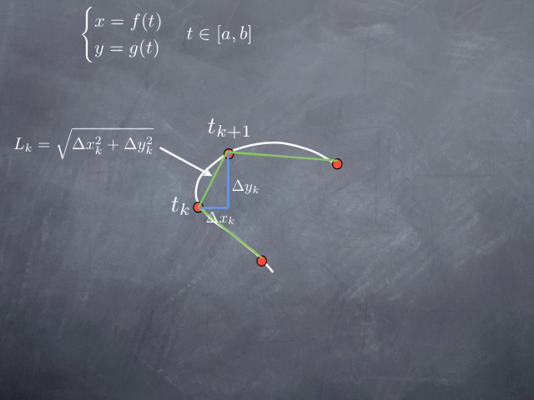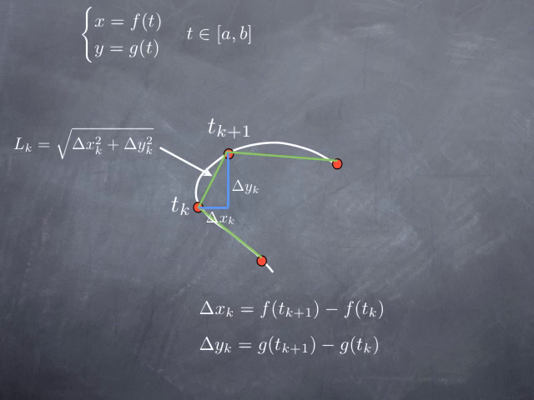Now delta xk squared plus delta yk squared is something that we can reformulate, because delta xk is a change in x values, in other words the value of f at tk+1 minus the value of f at tk, and similarly for delta yk, the change in y value is the value of g at tk+1 minus the value of g at tk.